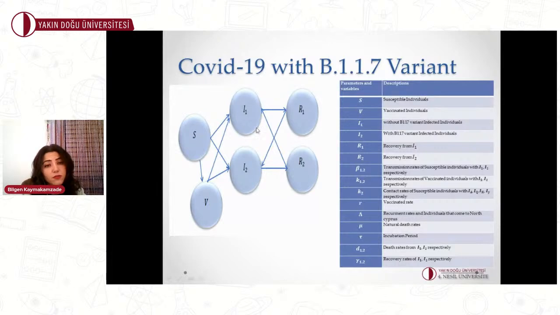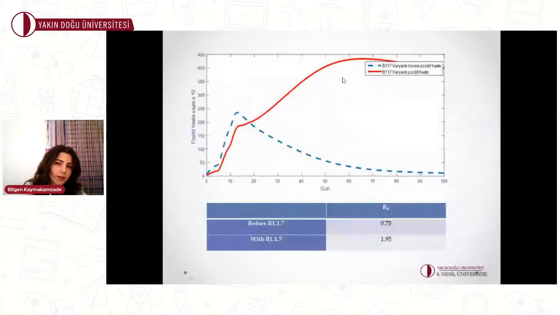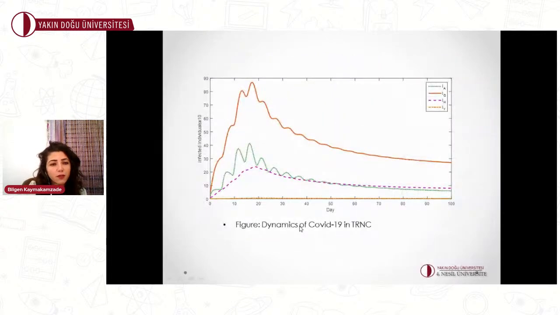So we constructed our model for the variant B117, and using this model we can see here that the B117 variant infected persons will be around 400, before COVID-19 falls down, and here you can see the R0 values.